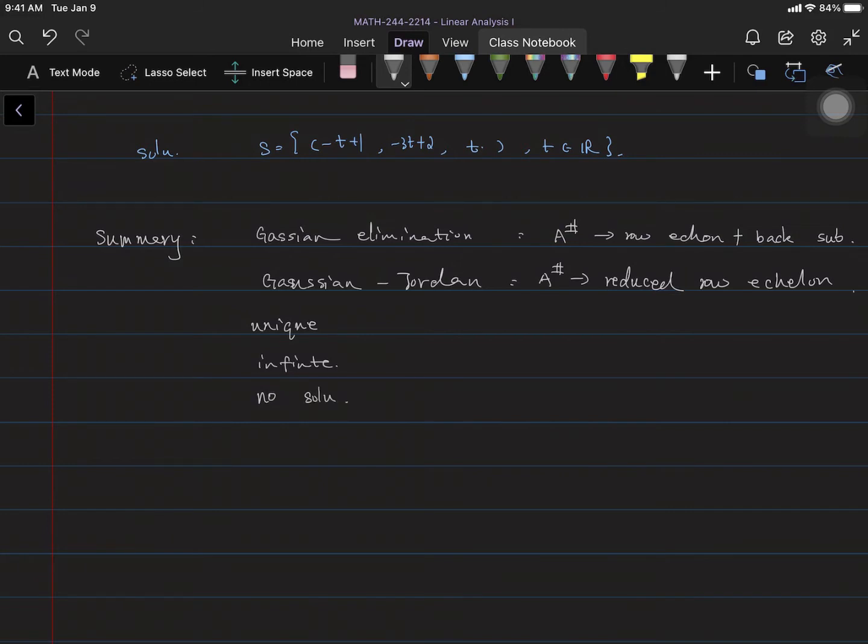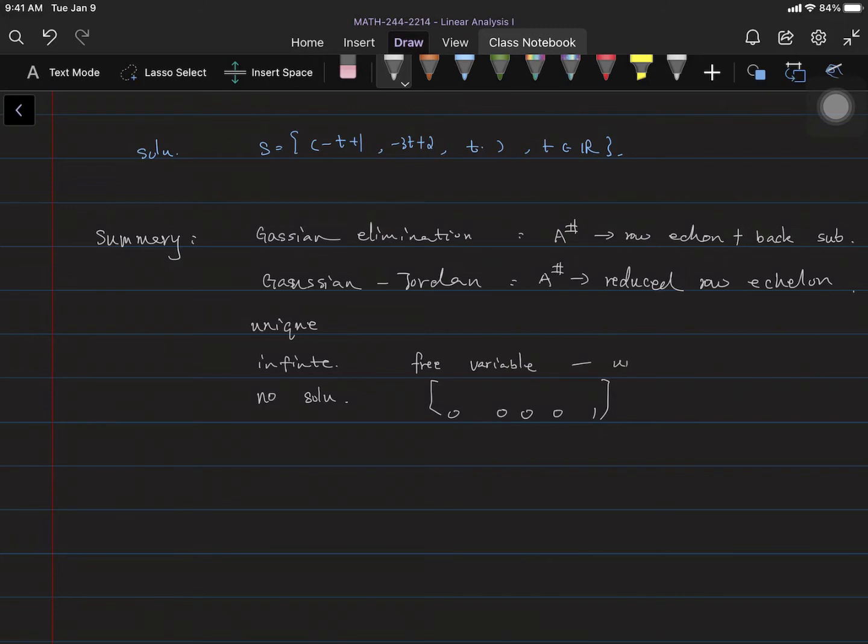So when there is no solution for the augmented matrix, if we get something like this row, there's no solution because this row is inconsistent. When do we have infinite solutions? When there is a free variable. Who is the free variable?